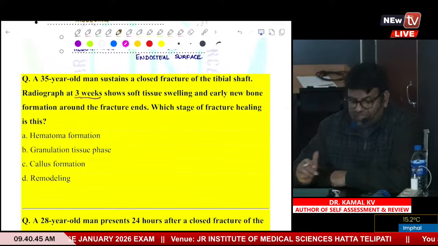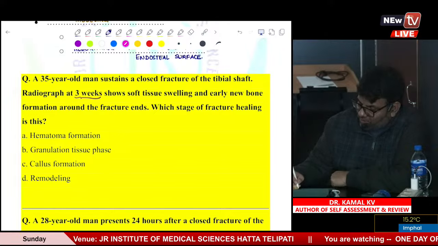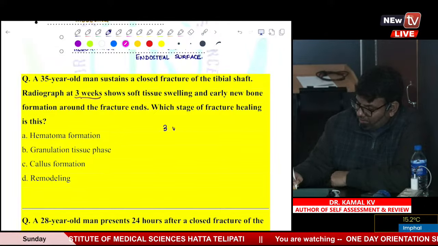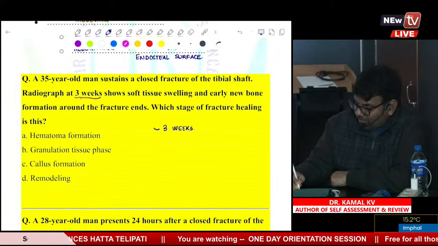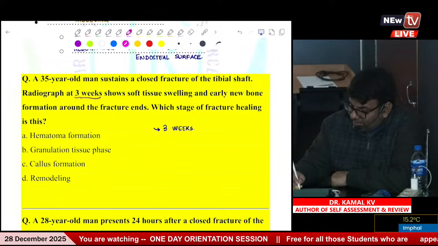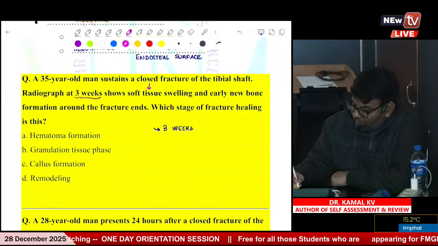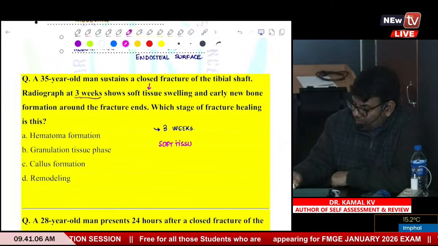Which stage of fracture healing is this? So if you can see what is given, 3 weeks, number 1, clear? And what we can see here, that there is soft tissue. Okay, so soft tissue swelling is there.